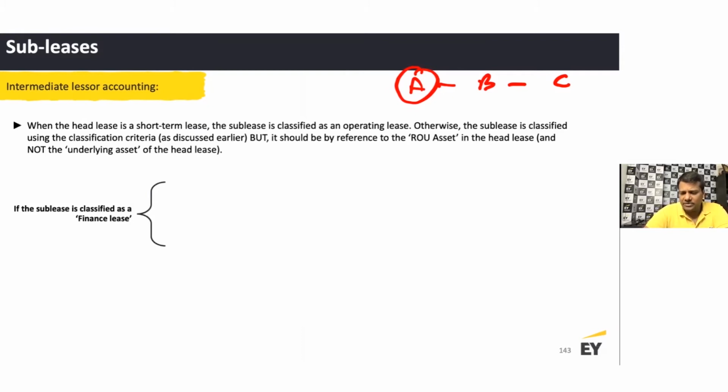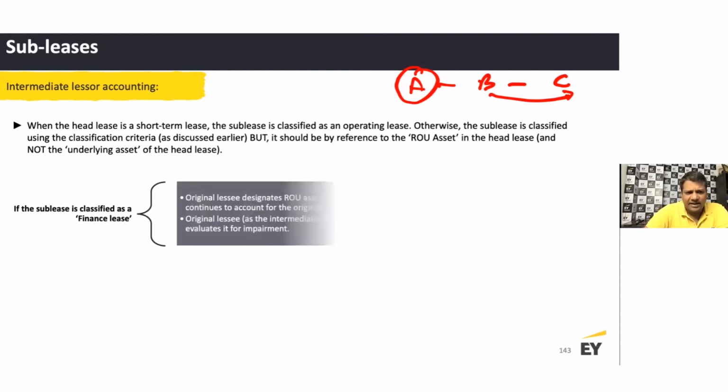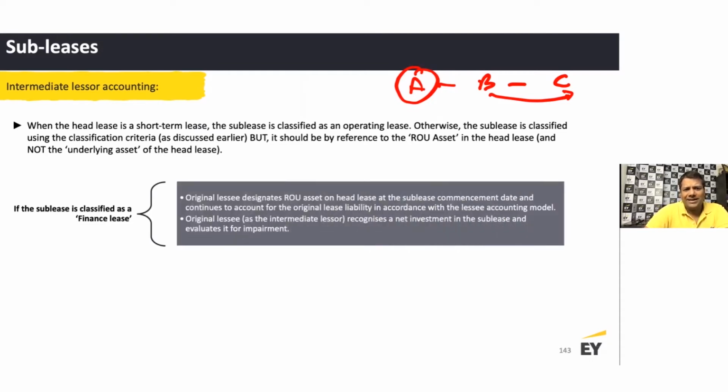If the sublease which B has given to C is to be classified as a finance lease, then the original lessee, B, will derecognize the ROU asset on the head lease at the sublease commencement date and record it as a net investment in the lease. So the character changes.